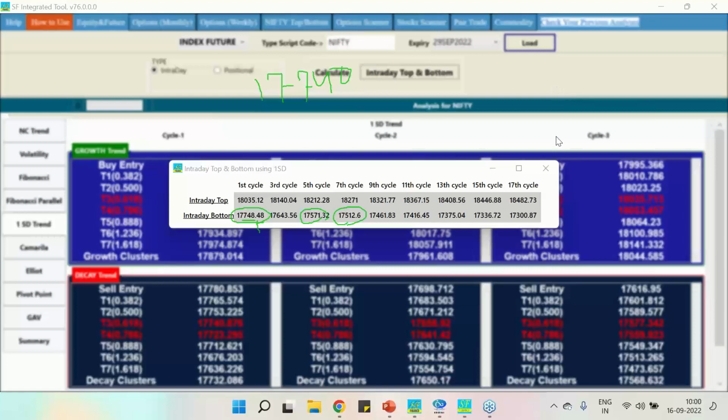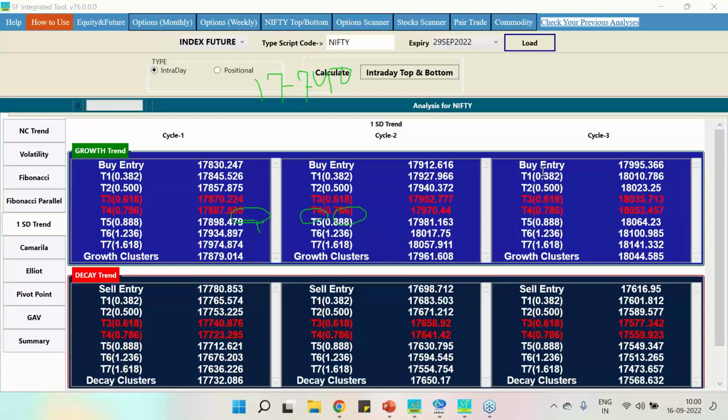From there a bounce is possible. So if you have a sell trade, what do you have to do? You should not hurriedly book the profit. Rather, trail the stop loss, hedge it doubly or so, and keep holding that trade for higher targets and bigger profits. That is how the intraday top and bottom helps you.